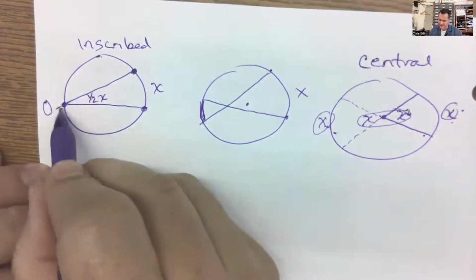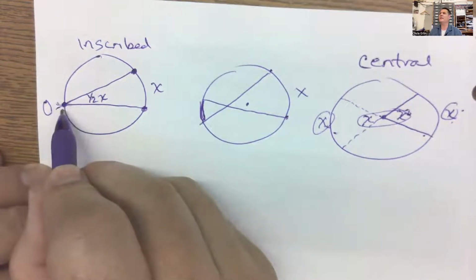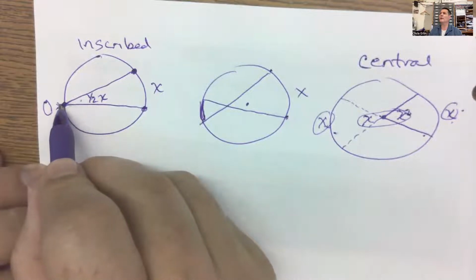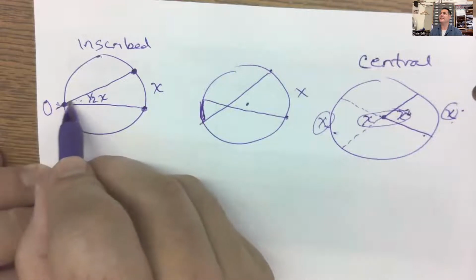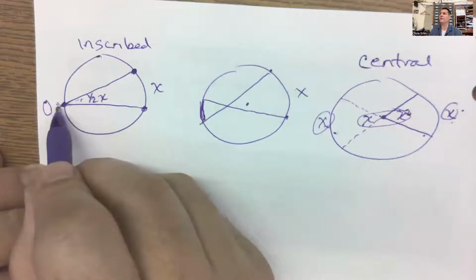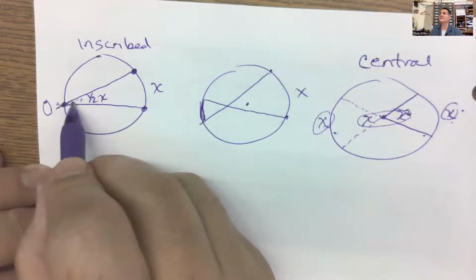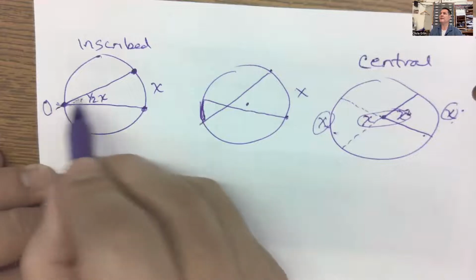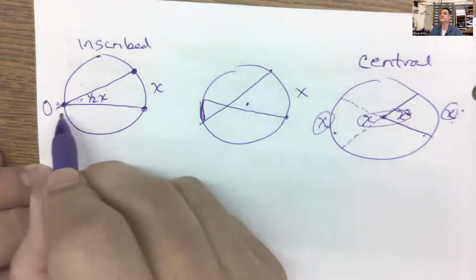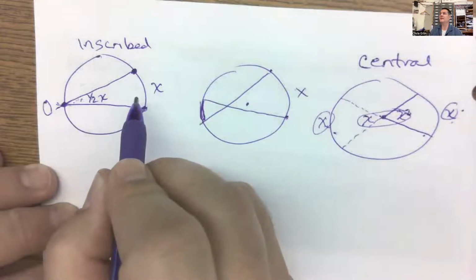But theoretically, isn't there a vertical angle in there somewhere? And if this is 1/2 x, this vertical angle would also be 1/2 x. And these two together, the inscribed angle and its vertical angle pair, add up to x. And what do the two arcs add up to? 0 plus x is x as well.